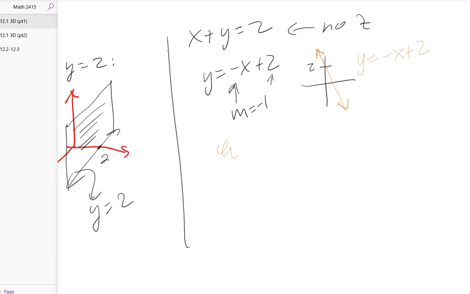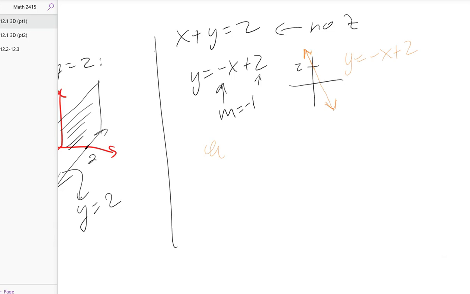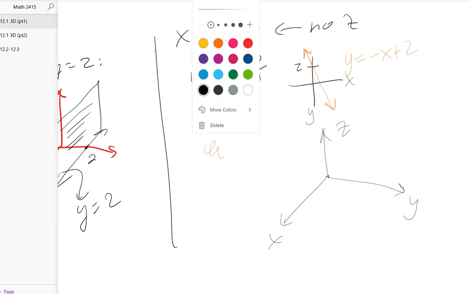All right, now I'm going to take this and graph it in 3 dimensions. So here we go. Let's draw our axes. Here's x, here's y, and then we've got z. And I'm going to draw that again. All right. So if you turn it around, this is the x and this is the y. If you turn it around, I think it will look something like this.